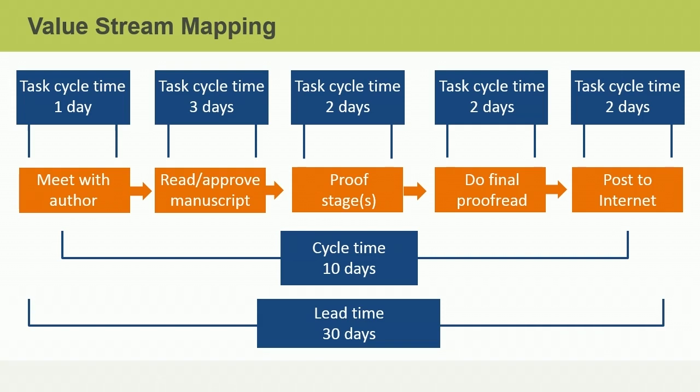The total amount of time, including both value-added and non-value-added activities, is called the lead time. When exploring opportunities for process improvement, organizations can map their processes to identify those activities that add value and attempt to remove waste so that lead time is reduced and efficiency is improved.